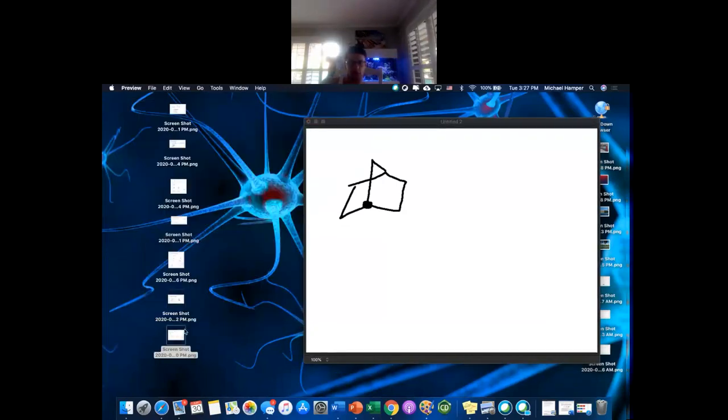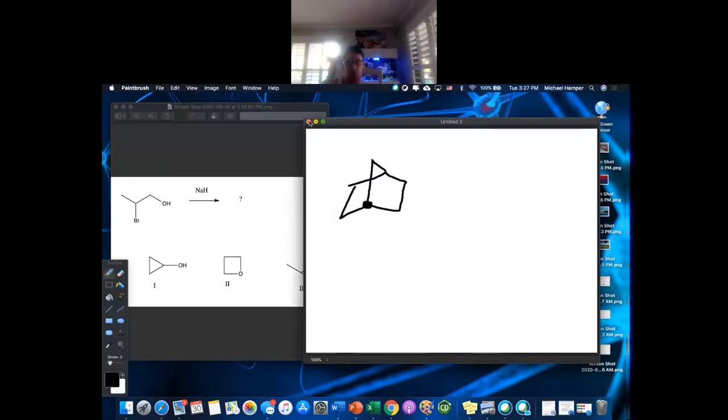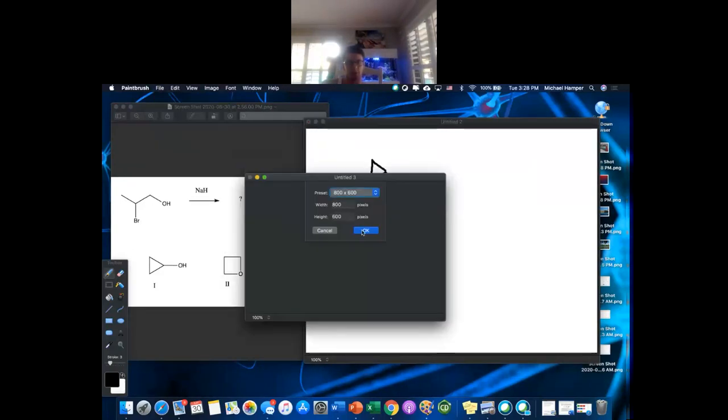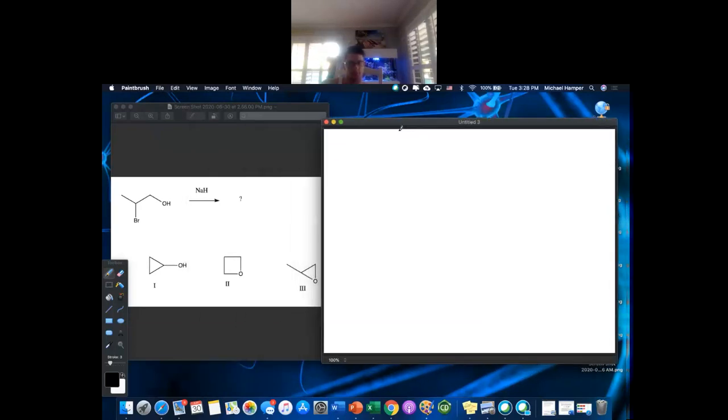And last but not least, I've seen this. This is actually an Orgo 2 type question, but the only reason I bring it up is because I've seen it on extra credit. The trick to this is it doesn't undergo substitution right away. It undergoes an acid and base reaction with this NaH here.